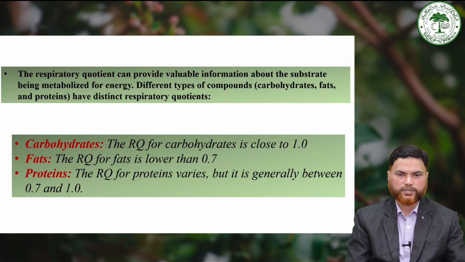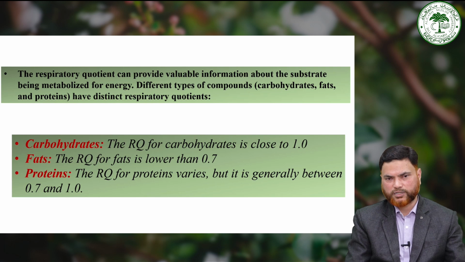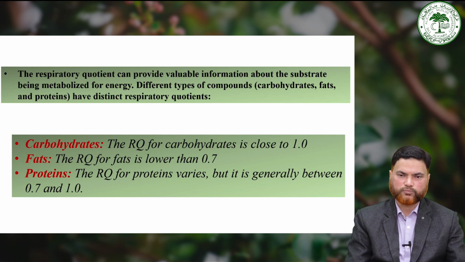Basically carbohydrates are primarily oxidized in the presence of oxygen, producing equal amounts of carbon dioxide and oxygen. That's why its RQ is 1. For fats, the RQ is lower than 0.7, as fats require more oxygen for their metabolism, and the combustion of fatty acids generates less carbon dioxide relative to oxygen consumed. That's why its RQ is less than 1.